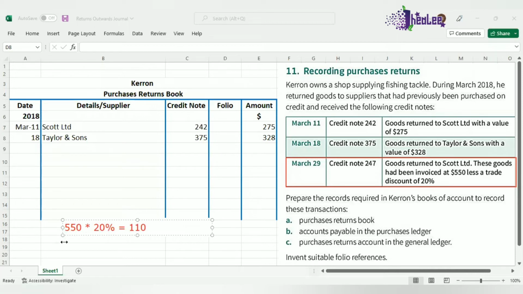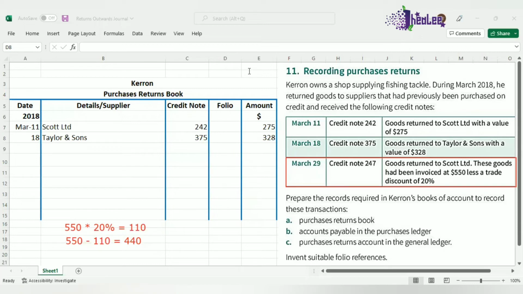Then we subtract that 110 from the 550, and then that would give us $440. The actual value for the goods that were returned is $440. Remember, the value after discount. So that is one way in which you can calculate it.